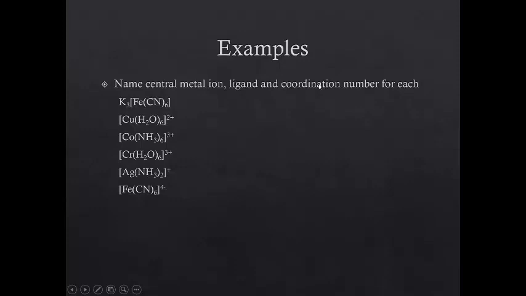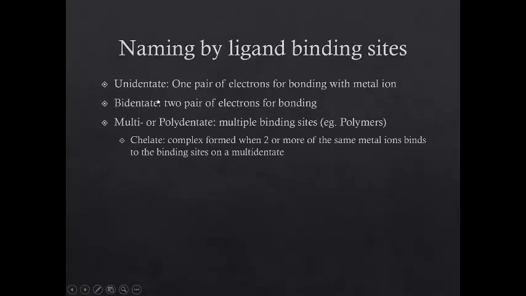What's our coordination number? Well, here it's 6, 6, 6, 6, 2, 6. So that's pretty easy to do, right? You should be able to do this if I were to ask you on a quiz, but that should be pretty easy peasy.